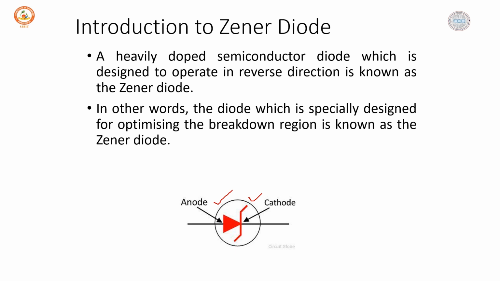The symbolic representation of a PN diode is slightly different compared to a zener diode, where the symbolic representation of a PN diode is just a triangle with a line. But in zener diode, we can see that the cathode terminal is represented by the character Z.